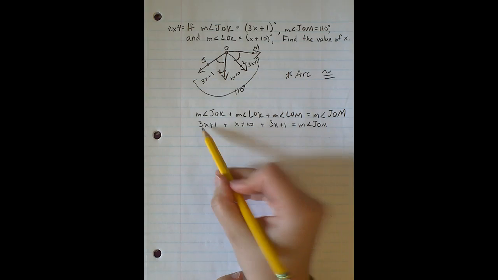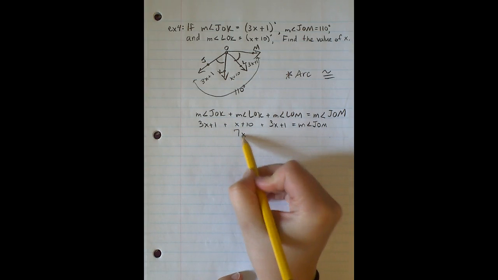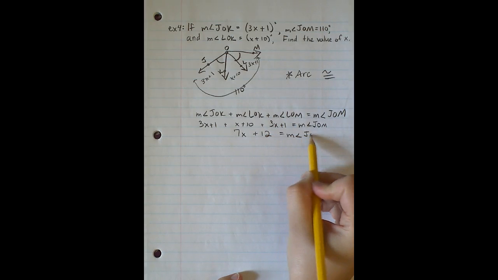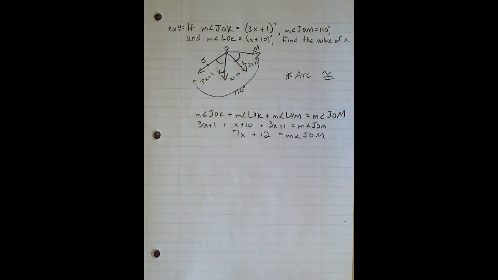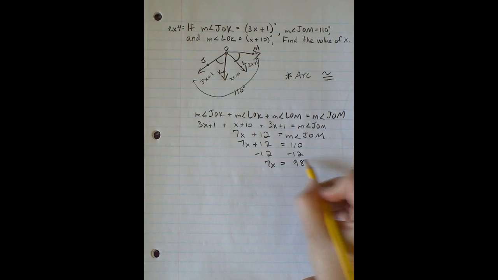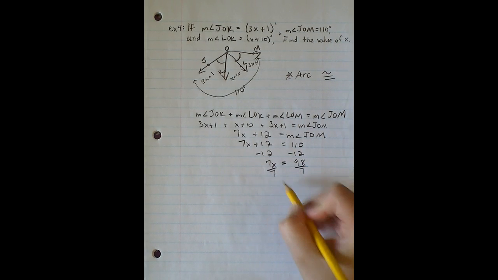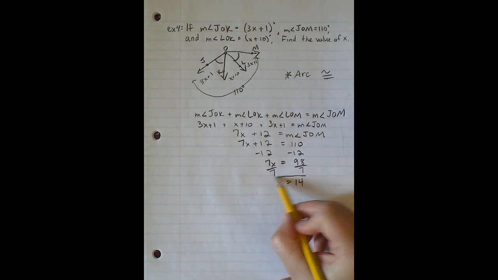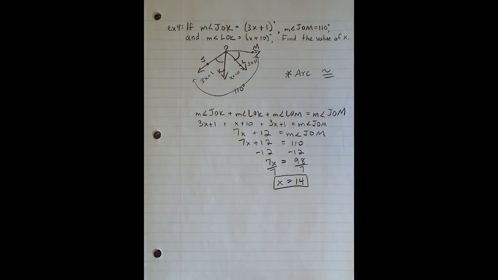So I've got 3, 6, 7x, 10, 11, 12. I also know that JOM is 110 degrees, so I can plug that in too. Subtracting 12 from both sides, so I get 98 divided by 7 to get our final answer for x, which is 14. No degree symbol because x does not represent an angle measure. It just represents a missing value.